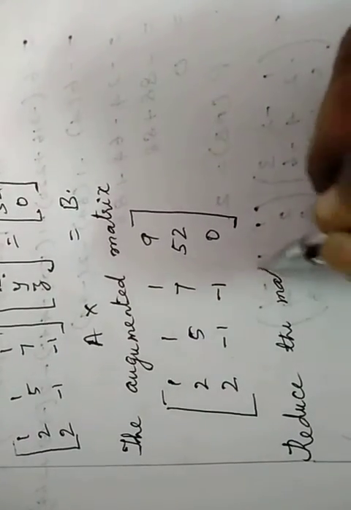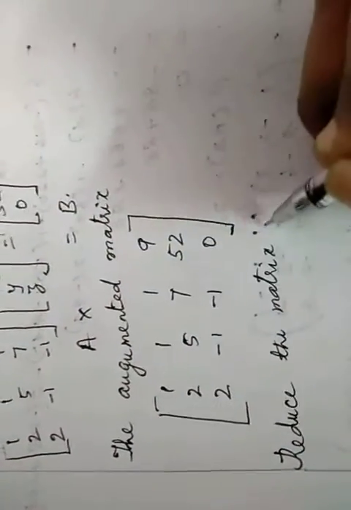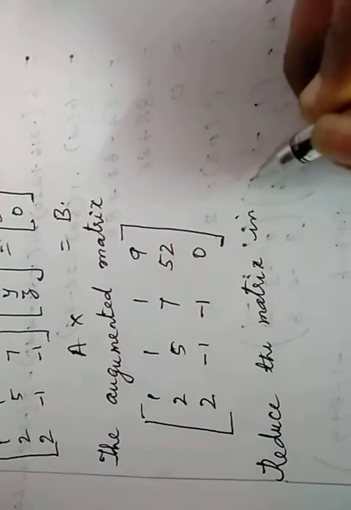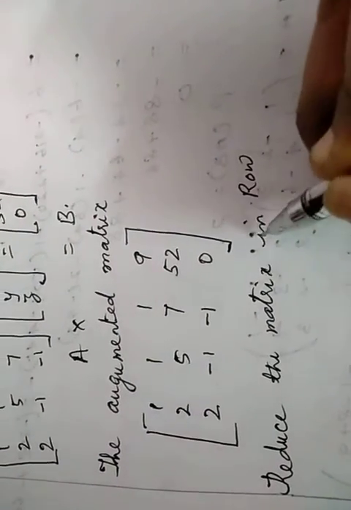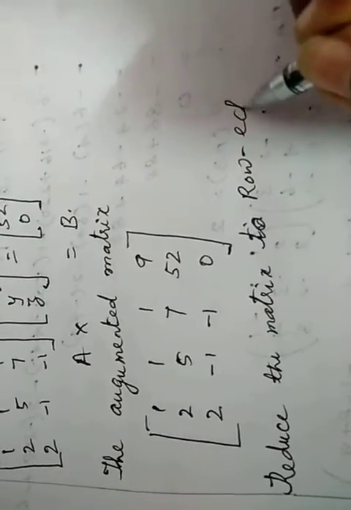Now we are going to reduce the above matrix to row echelon form. This is a method for finding the rank of the matrix.